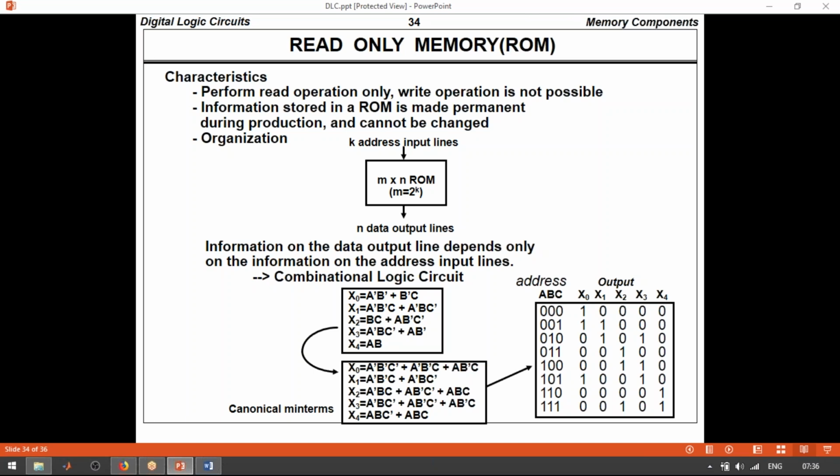So for example, if I have 32 cross 8, it means I have 32 memory elements, and the size of each will be 8, that means 8 bits wide.